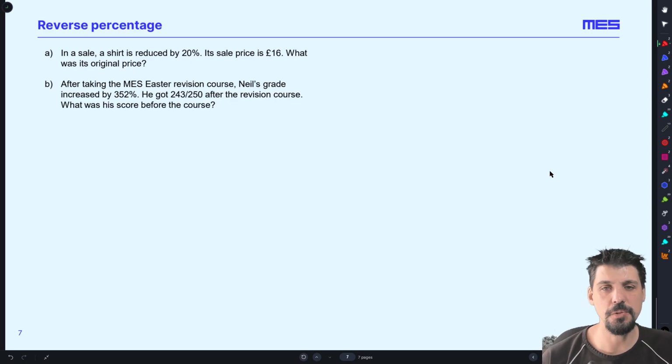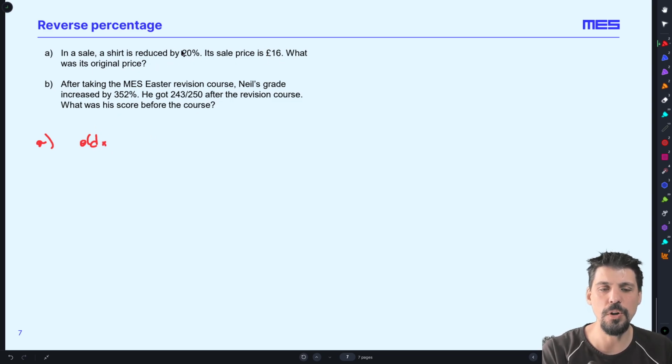Now we're just going to touch on reverse percentages here. And the idea is that I know what the new percentage is and the new price, right? So again, it's old times something. Now what would we have multiplied those? So we've got a shirt that is reduced by 20% in the sale, and in the sale it's £16. Now that £16, if it was reduced by 20%, that is 80%.